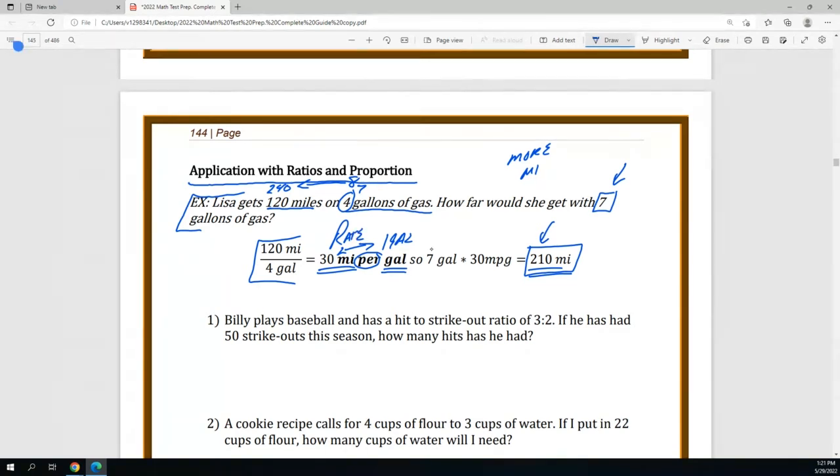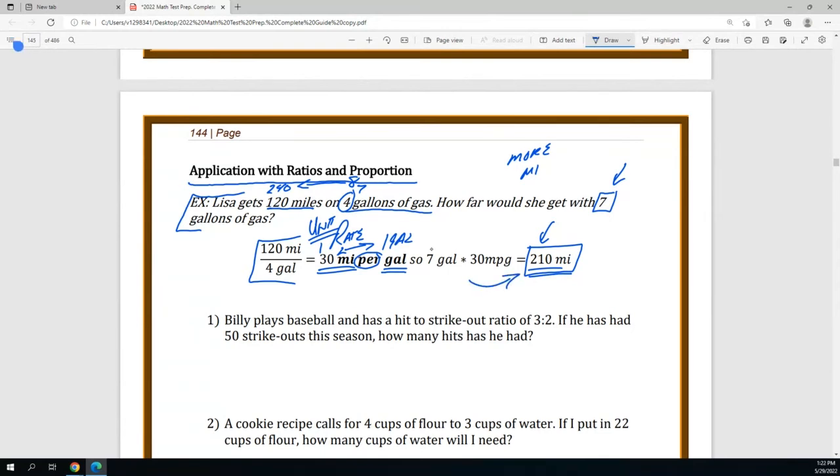Also, you'll see it again later as a unit rate. Unit means for every one, how much do I get? So you say for every 1 gallon, I get 30 miles. Now, with that information, you can multiply it by 7 and say, well, 7 gallons times 30 miles, well, that's going to give me 210 miles.